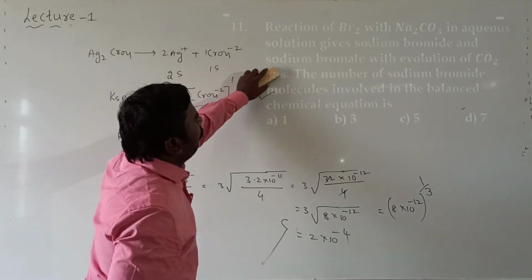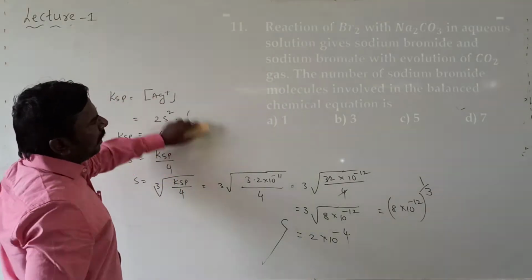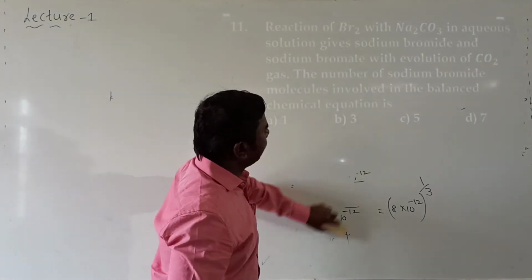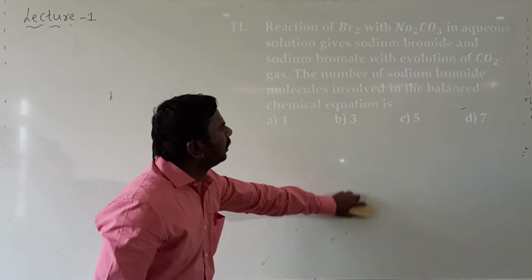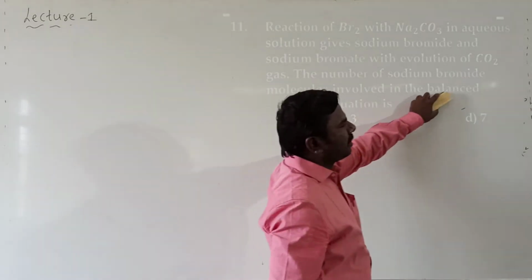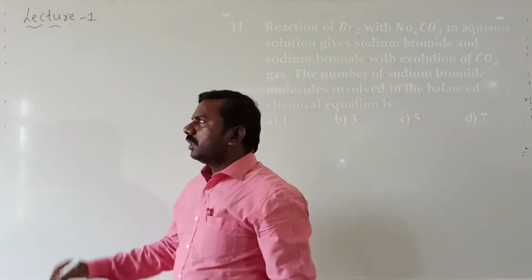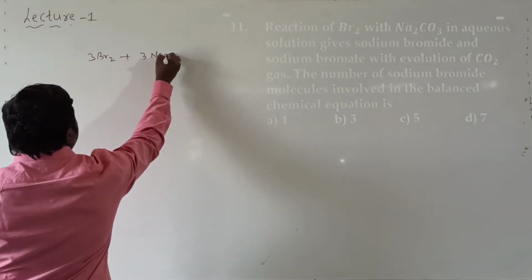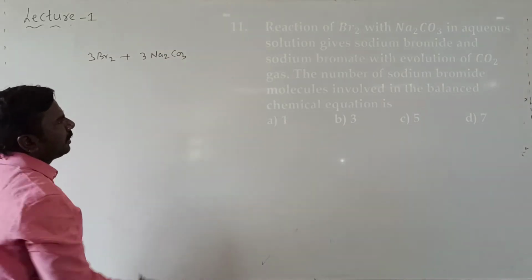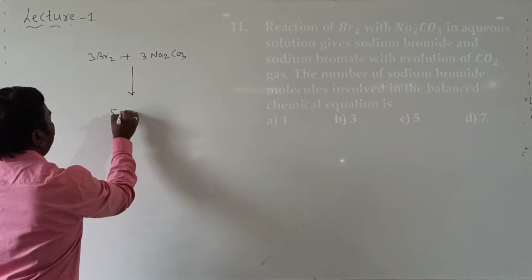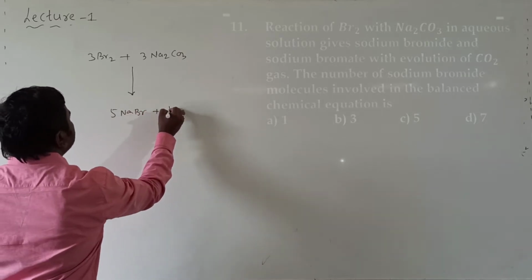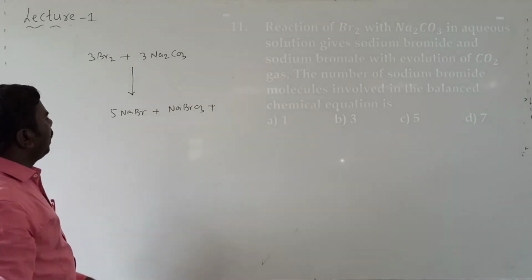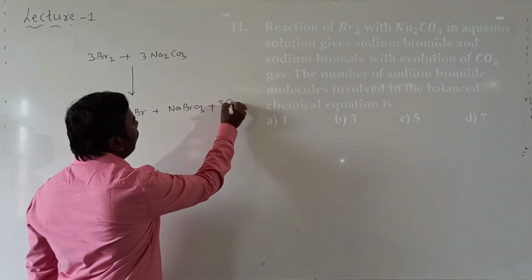Reaction of bromine with Na2CO3 in aqueous solution gives sodium bromide and sodium bromate. Next, the number of sodium bromide molecules involved in the balanced equation. So bromine 3 moles I am taking, plus 3 Na2CO3 sodium carbonate, then gives us 5 NaBr plus NaBrO3, and the remaining 3 CO2 will be removed.